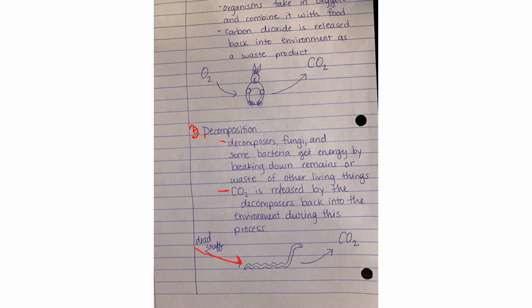So in this case, this is not oxygen or CO2 going in. This is dead stuff or even just waste, remains or waste of other living things. It gets broken down by the decomposer, which in my picture is a worm. Cute little worm. He has a smiley face right here, but you can't really see. And then after that process, carbon dioxide or CO2 is released back into the environment.